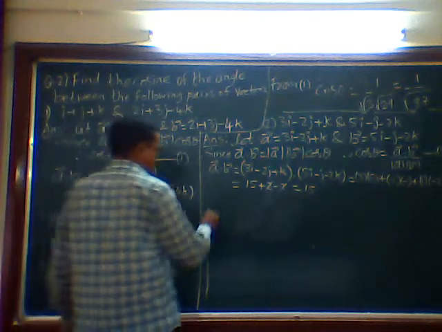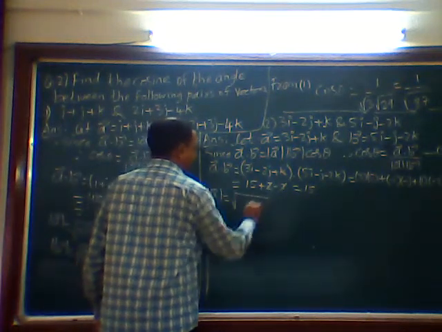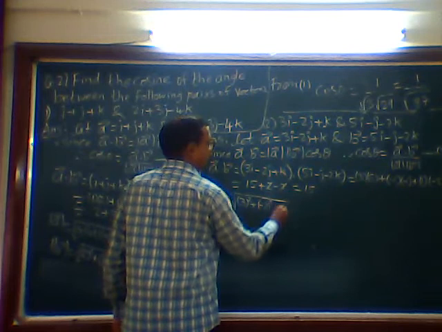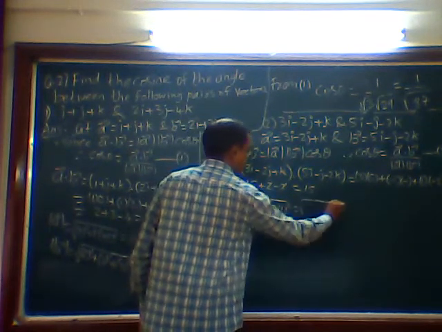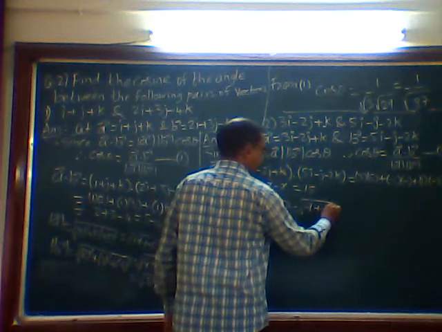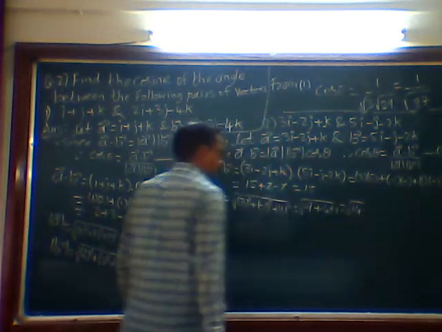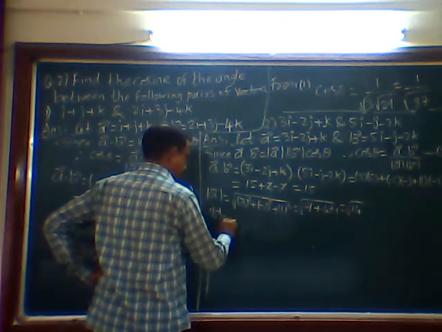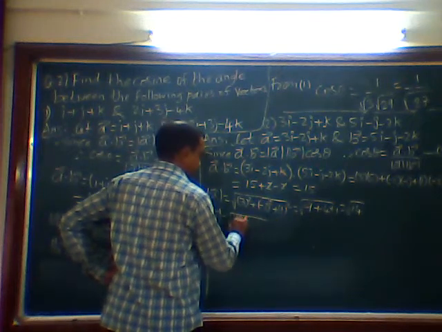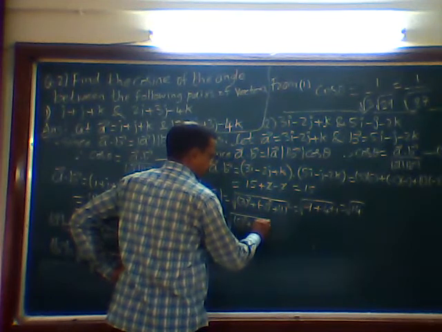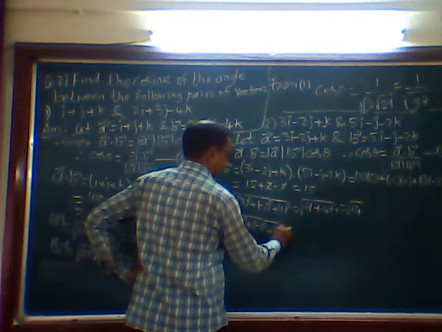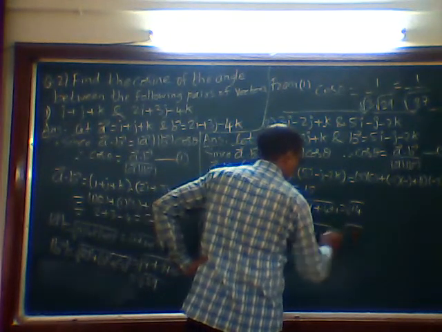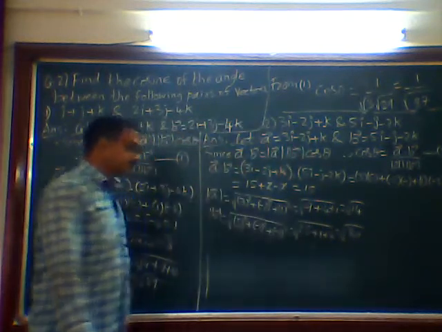Now mod b bar: 5 square is 25 plus 1 plus 4, that is root 30.